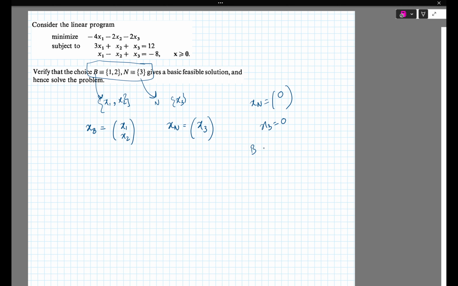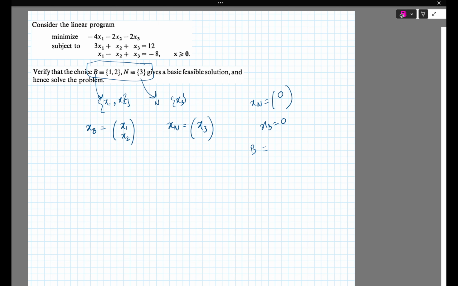So 3C2, that is 3 basic solutions will be there: (x1, x2), (x1, x3) and (x2, x3) can each be a basic solution.